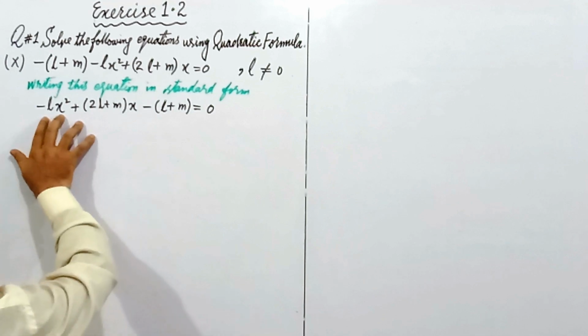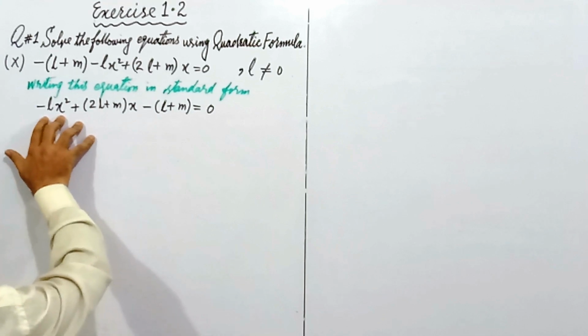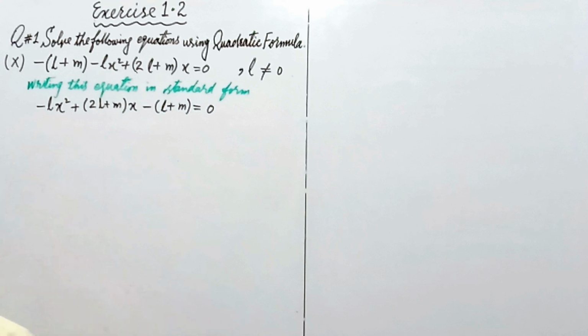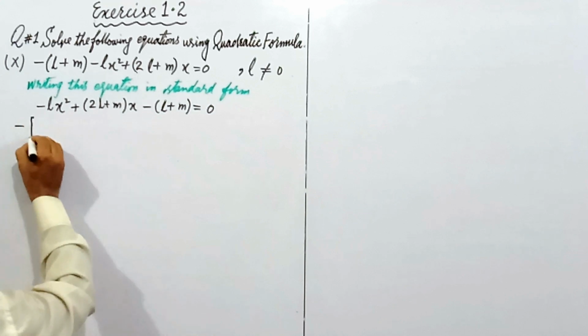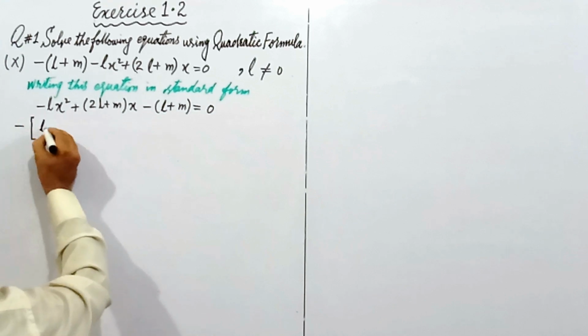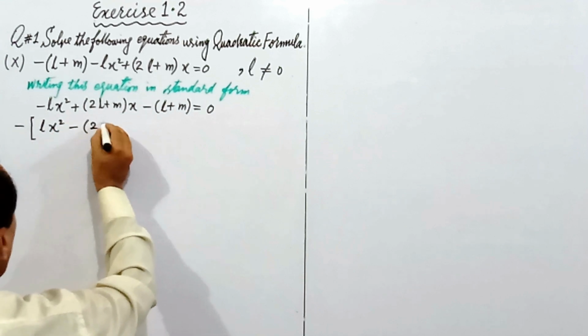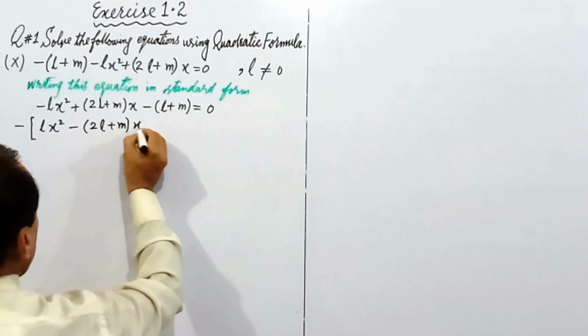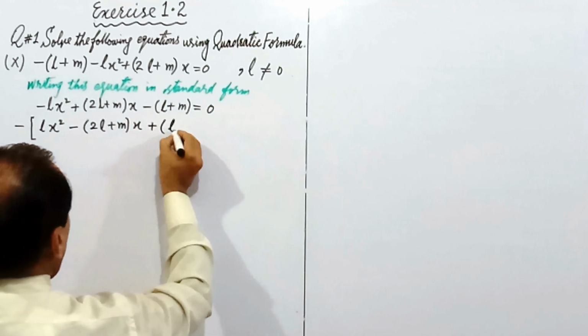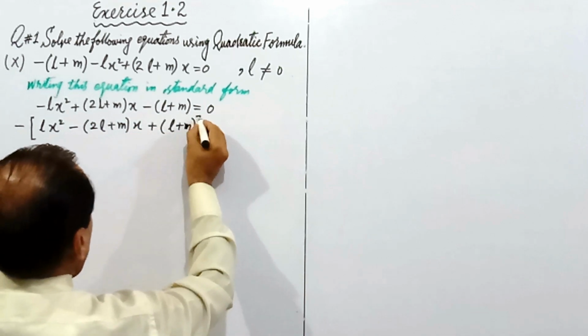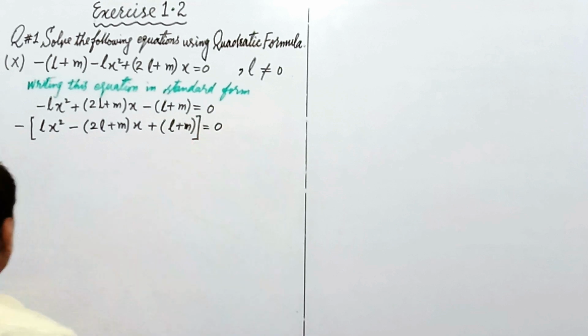As the first term should always be positive, therefore we take minus as common. Lx square plus will become minus (2L plus m) into x, minus will become plus (L plus m) is equal to 0.